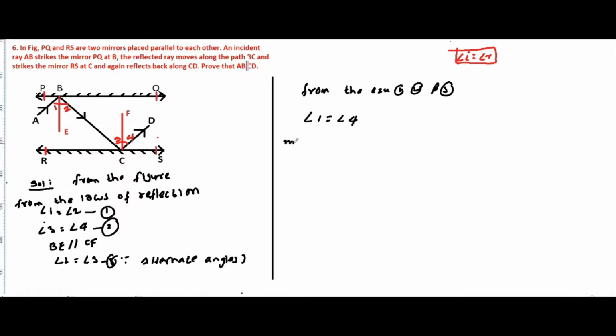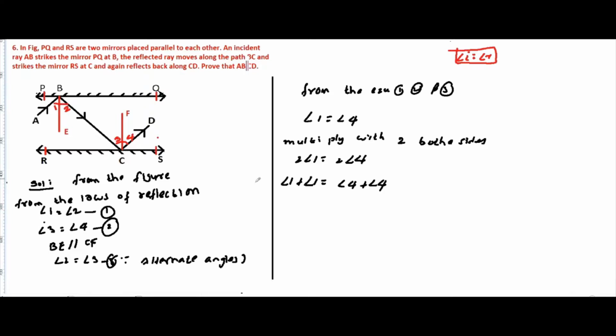Multiply with 2 on both sides: 2 into angle 1 equals 2 into angle 4. That is, angle 1 plus angle 1 equals angle 4 plus angle 4.